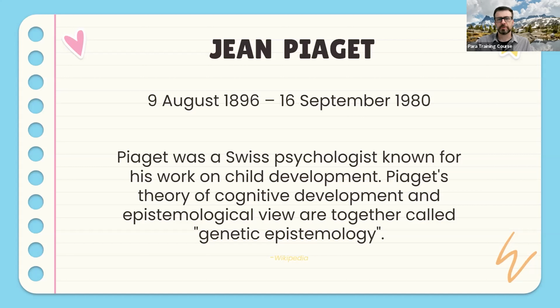We'll talk about Skinner probably next week. But Piaget died in 1980. He was Swiss. He was a psychologist, and he's mostly known for child development work and epistemological view. His theories of cognition and this view are together called genetic epistemology.